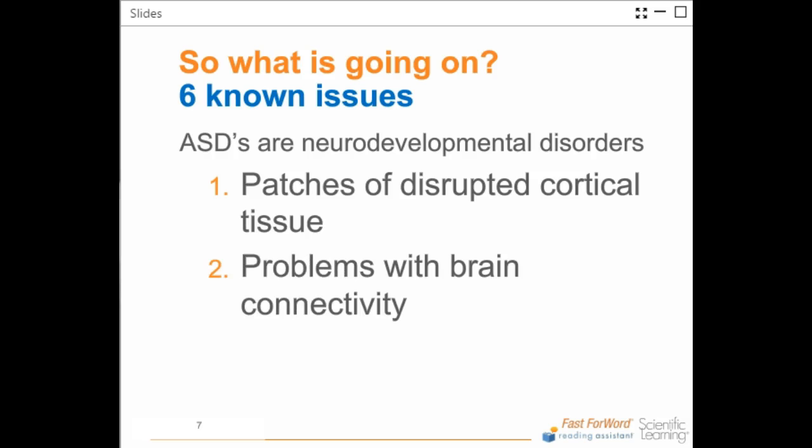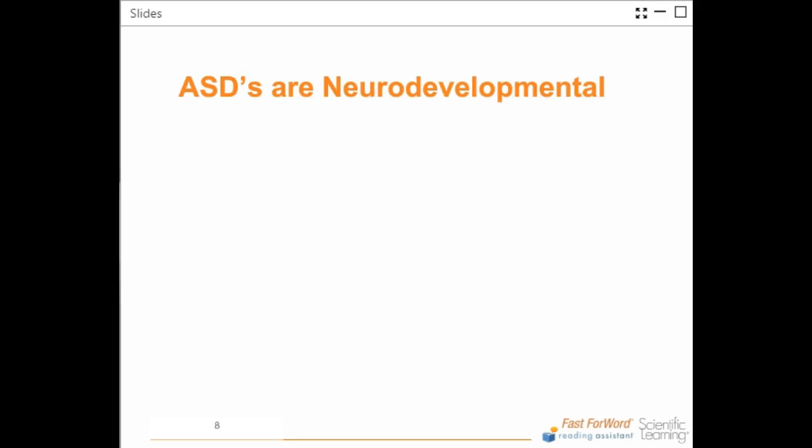We also know that there's a problem with the way the brain regions connect with each other, and I'll explain that a little further, but the good news is that the brain is plastic, and especially brain connectivity is plastic, and that means that the brain can change. So any child who has an issue with one part of the brain communicating or connecting with another, that is remediable, and that is the good news in this whole discussion.